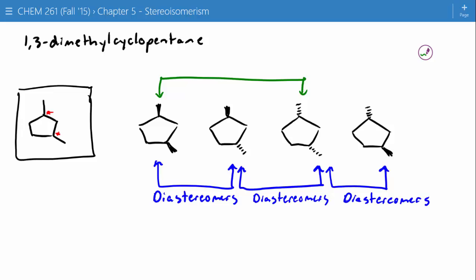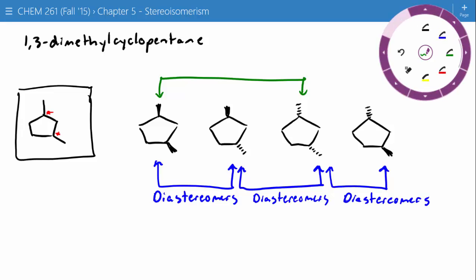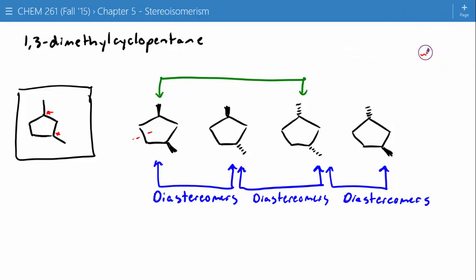Are they enantiomers? They're meso. So we can go through and say there's an internal plane of symmetry. So these are the same molecule. They are meso. So even though they do have stereocenters, they have an internal plane of symmetry. Therefore, they can't be considered enantiomers anymore.